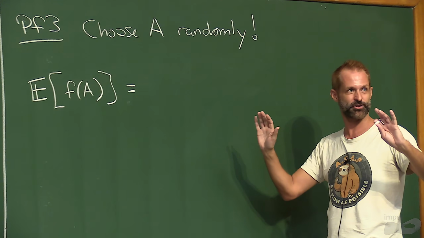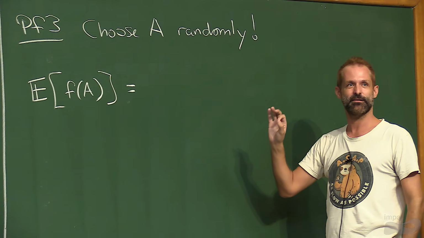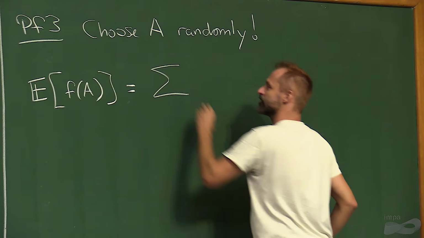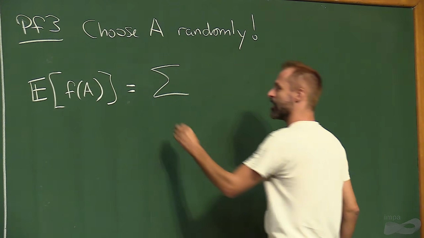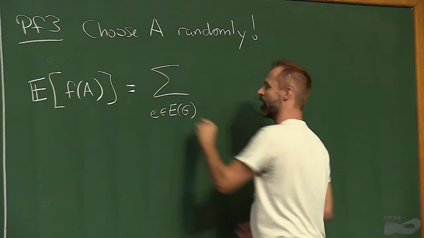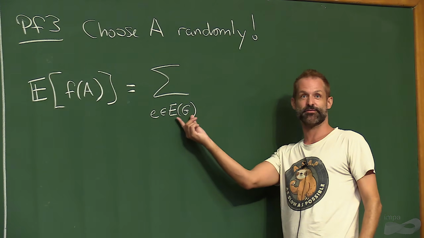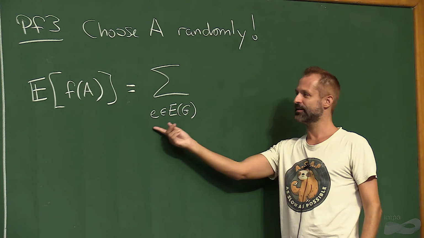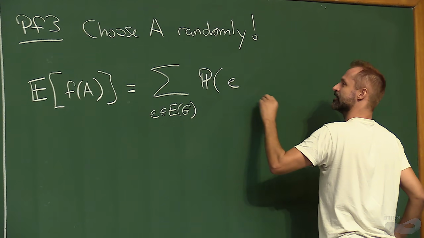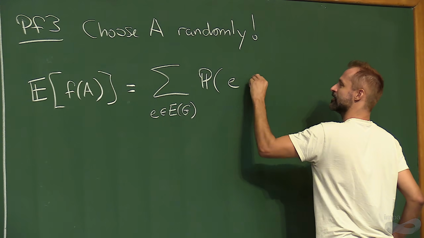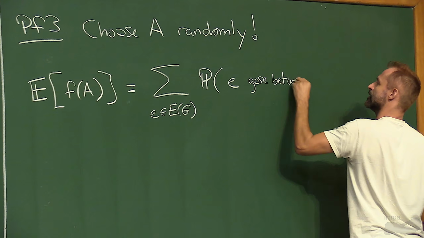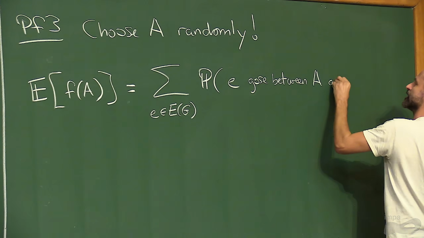It's linear. What does that mean? It means we can write it as follows. It's the sum over all edges in the graph, this is the set of edges of the graph, of the probability that E goes between A and A complement.